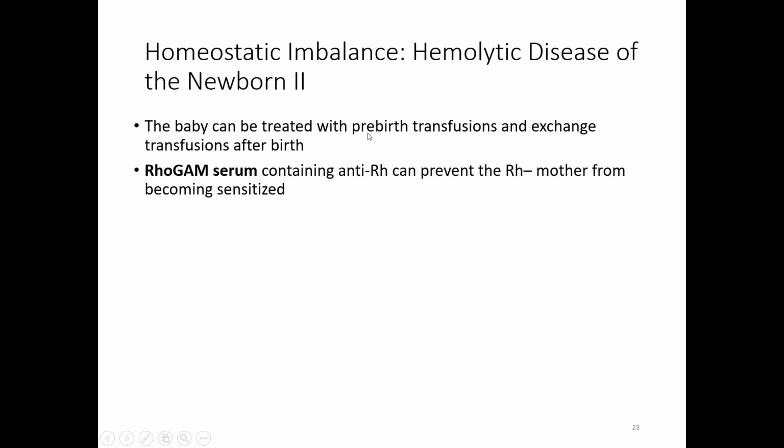The baby can be treated with pre-birth transfusions and exchange transfusions after birth. But there is a way to prevent that situation, and a mother who is Rh negative should receive RhoGAM serum containing anti-Rh to prevent the Rh negative mother from becoming sensitized.